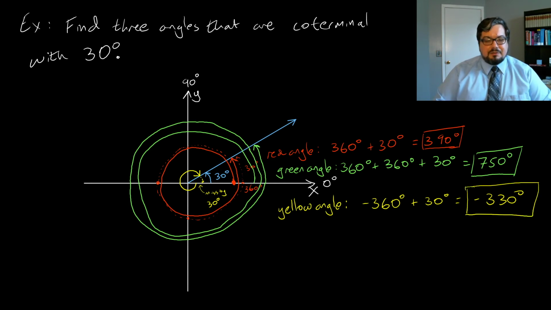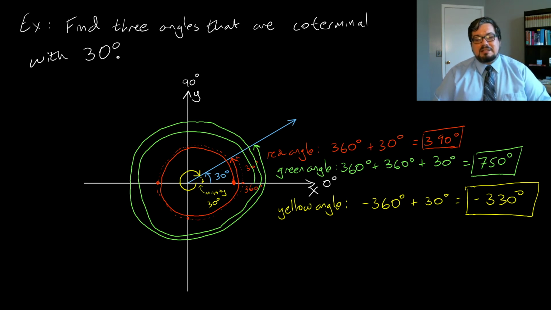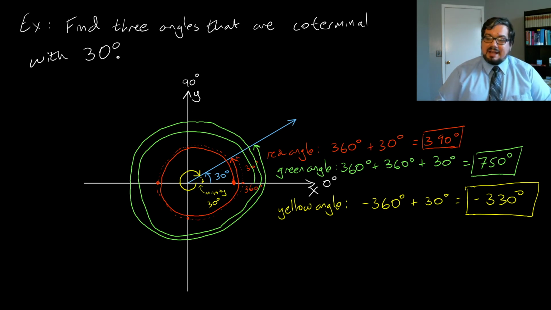So negative 330 degrees is an angle that moves clockwise around the origin, almost all the way around, but it stops 30 degrees short of completing a full revolution and gets us to negative 330 degrees, which is coterminal with our original angle.